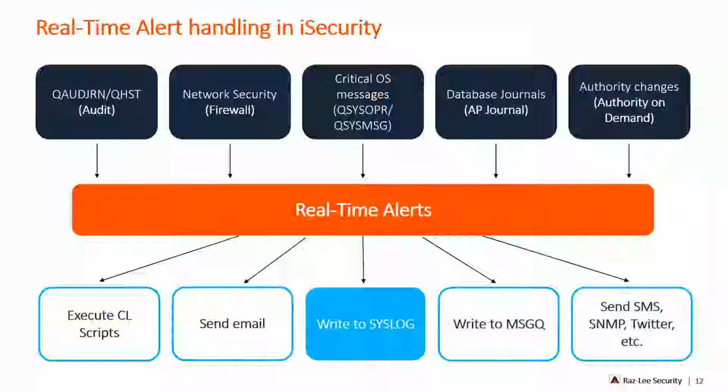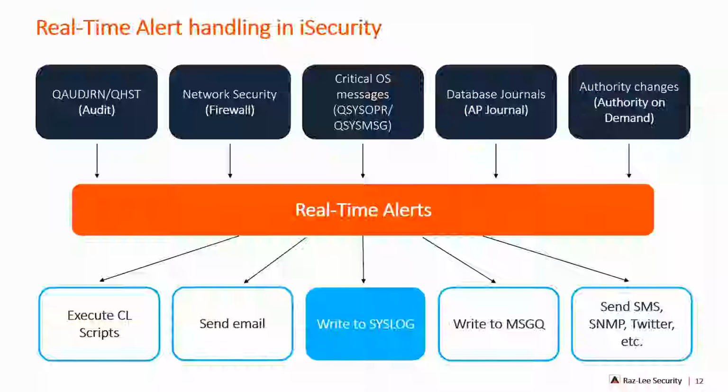Including AP Journal, we can send any change in sensitive data, in sensitive fields and files, to the SIEM. And of course, the logs of the Authority on Demand product can also be sent to the SIEM.